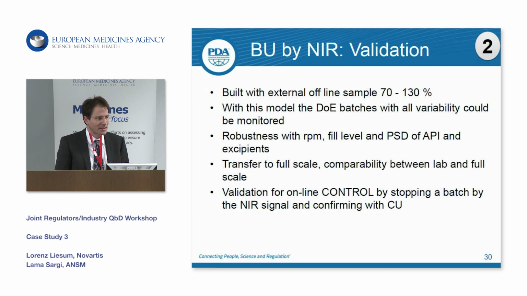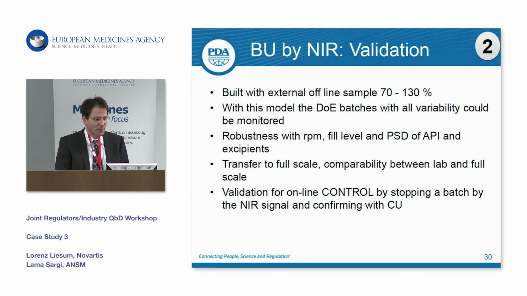Then we demonstrated the performance of these methods in development at lab scale on DOE batches, where we could vary quite a lot of different blending parameters like the RPM, the fill level, also the raw materials which went into the blending step, to prove that our model is still predicting accurately.